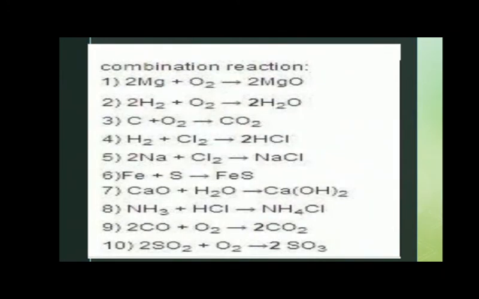A few I am reading for you, like 2Mg plus O2 gives 2MgO, or H2 plus Cl2 gives 2HCl, or iron when heated with sulfur, Fe plus S gives FeS. So you can see these are all examples of combination reactions.